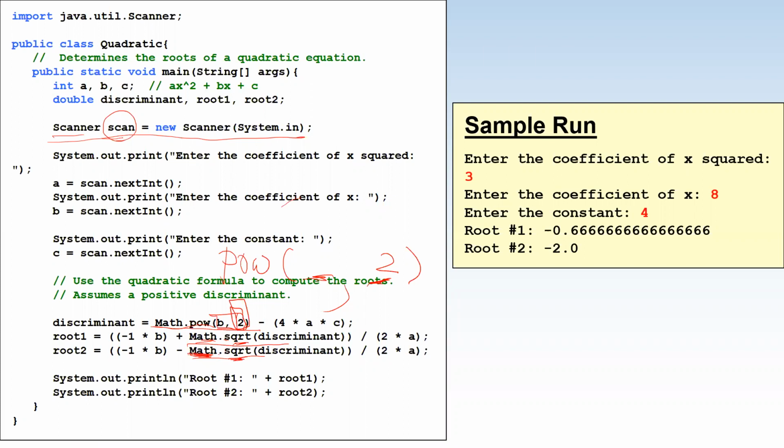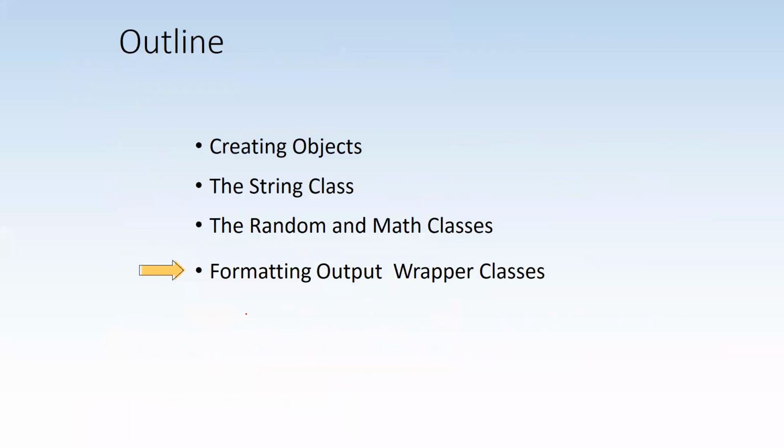It's not true. You cannot automatically demote a double to an int. You have to cast it. Remember, just now we had num2 equals int, right? You have to cast it. But when you put an int into a double placeholder, it works. Okay, that's how you use the math class.